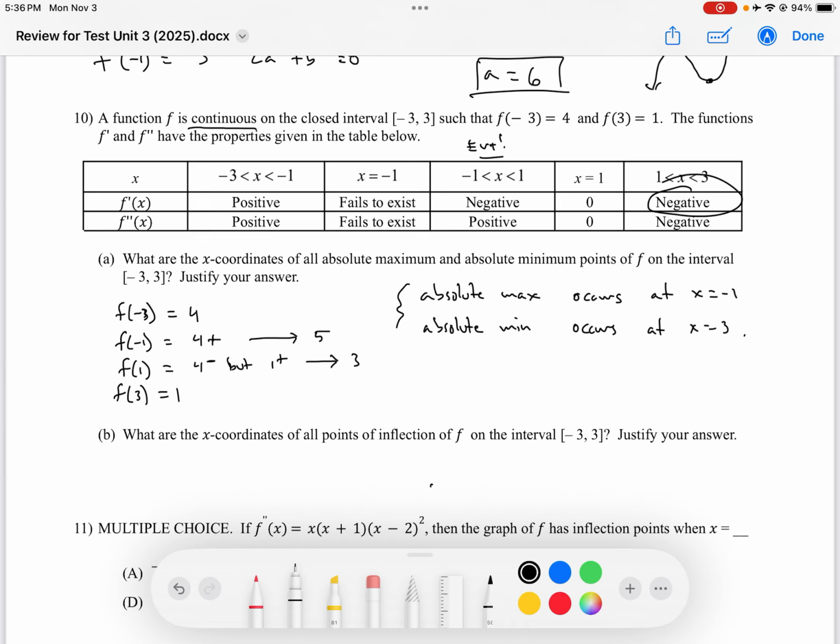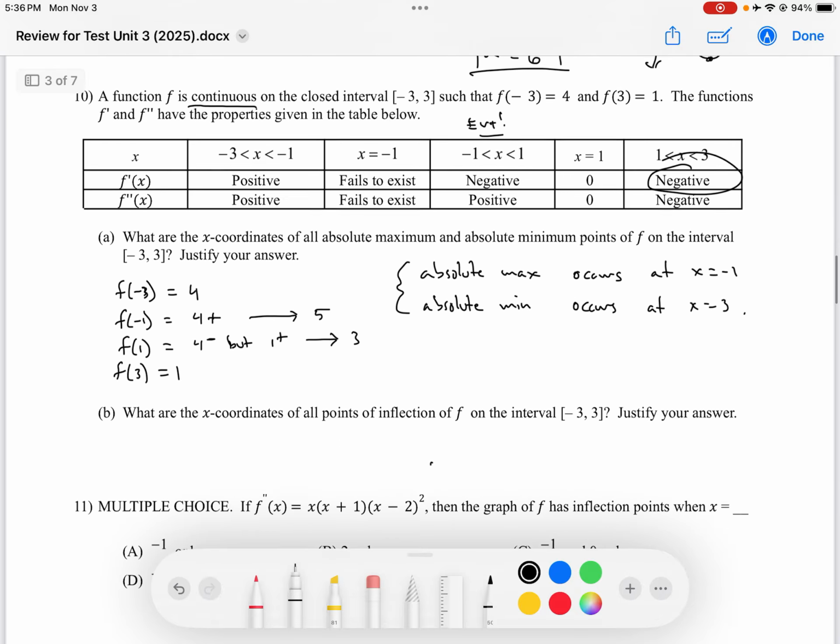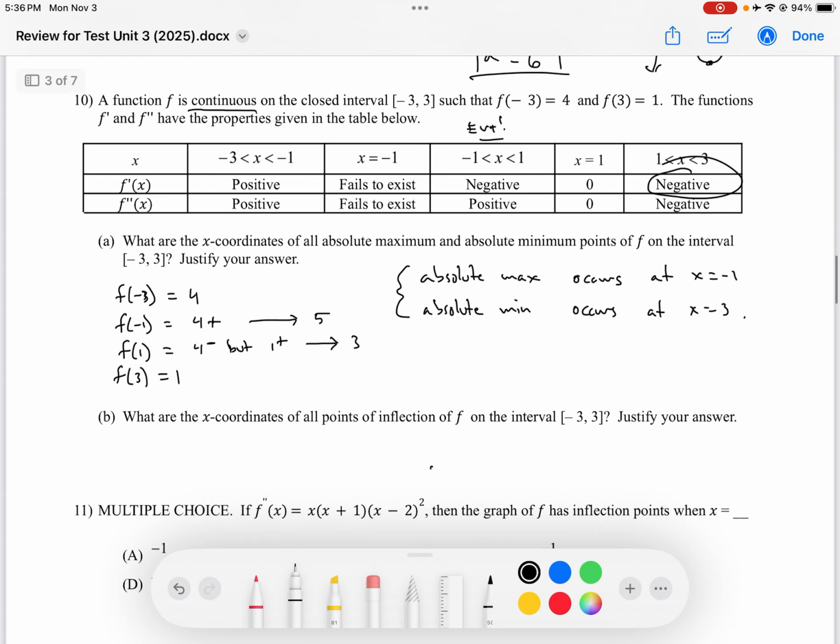And sort of for the reasoning that I put in here, I'd probably want to write a sentence about increasing and decreasing, but in the interest of time, I'm going to keep moving. What are the x-coordinates of all points of inflection? Points of inflection are where the second derivative changes sign. If f double prime changes sign, then I have a point of inflection because f is changing concavity.